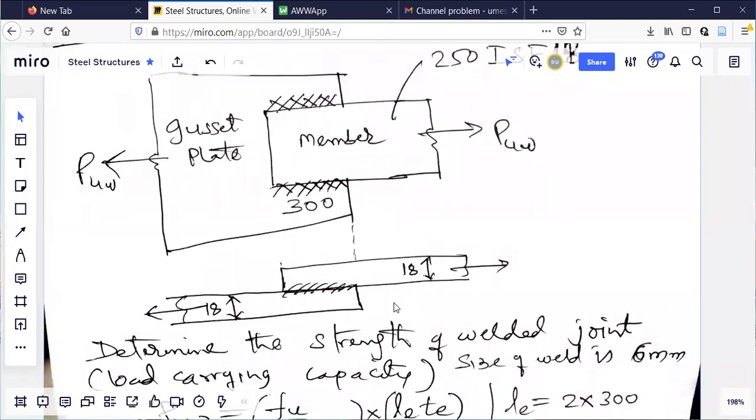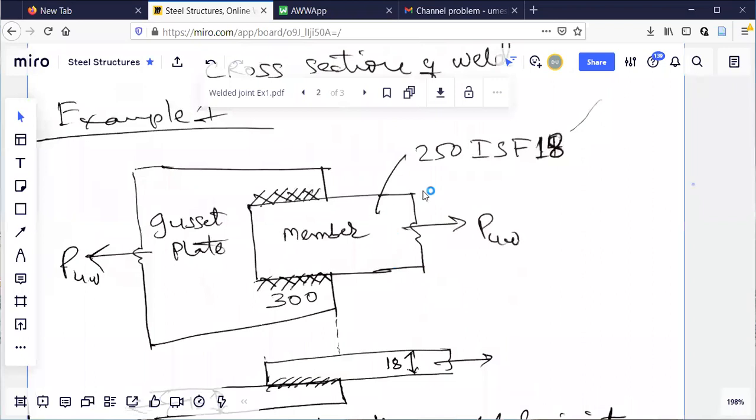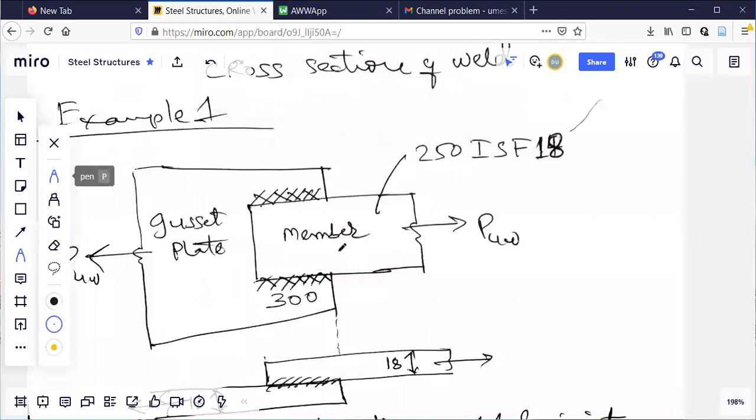Then in the elevation, they have given the thickness of the plate. Both have the same thickness. Now ISF 250, ISF 18 means this member, this much is 250. Look at this, 250 ISF 18, Indian Standard Flat.